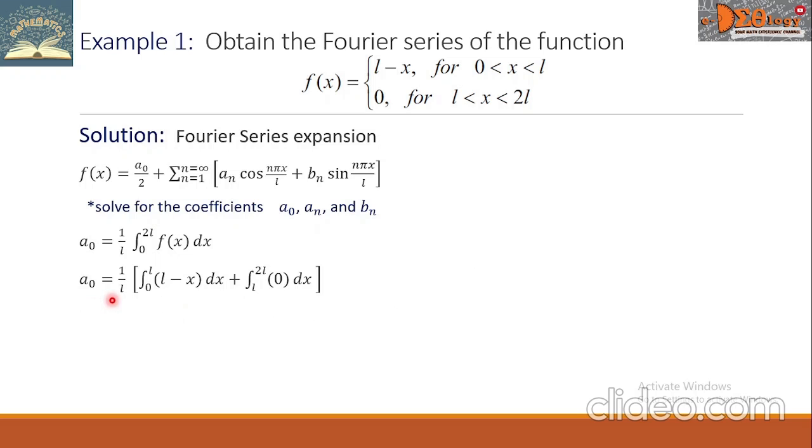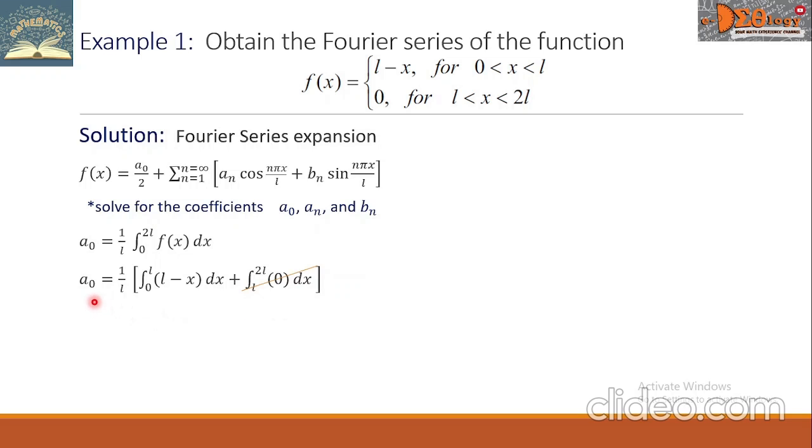A sub 0 equals 1 over L times the quantity definite integral from 0 to L, f of x is L minus x, then dx, plus the definite integral from L up to 2L, the function 0, then dx. Because this is 0, we will cancel this out.